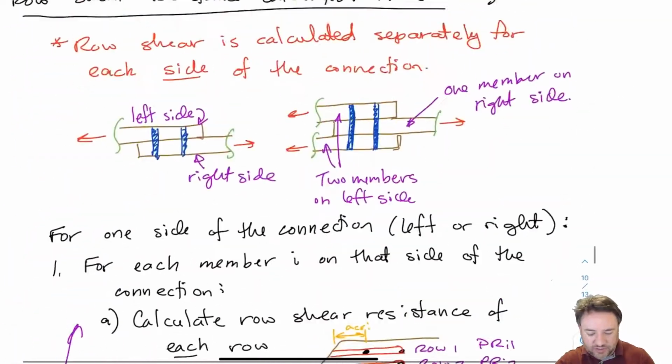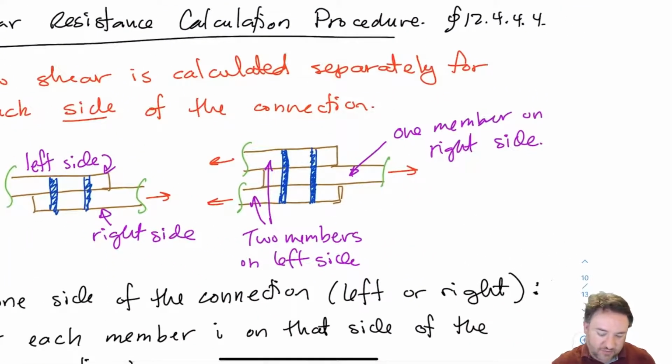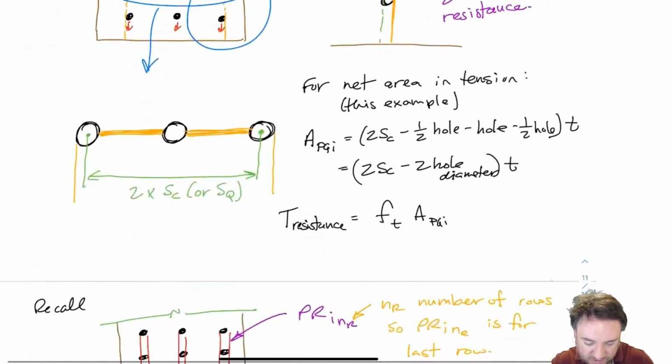So just to remind ourselves what we're talking about: if I have a 3-member connection, I have 2 members on the left side and 1 member on the right side. So I'm going to find group tear out for this member first, then this member, then I'm going to add those together, and that will give me the group tear out resistance for the left side of the equation. That's the approach.